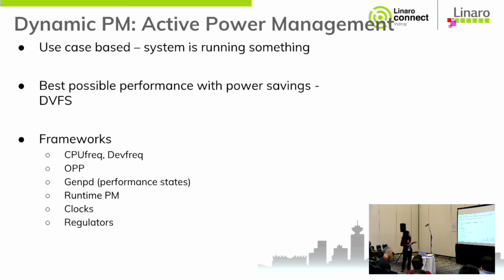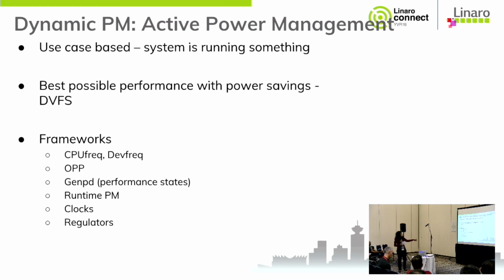So like I said, it is use case based power management, the system is running something, so what do we do? When the system is running, how best can you save power? It's the basic concept behind dynamic PM framework. So there are a bunch of frameworks that cater to it.